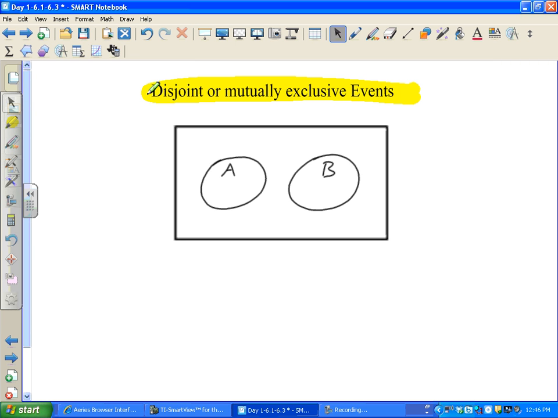Okay? That makes sense? Disjoint, they're not connected, they're not going to touch. Mutually exclusive, the word exclusive means just with that and nothing else. So mutually exclusive means it's going to be just by itself, nothing else. So I remember that.